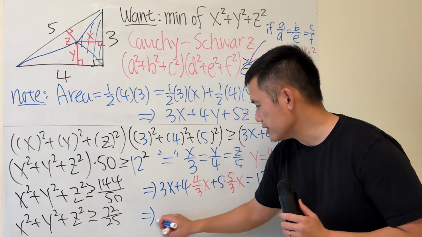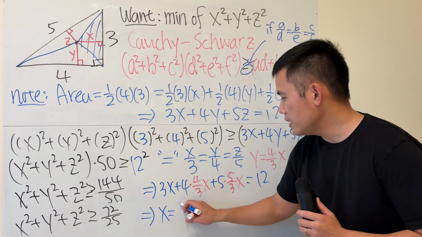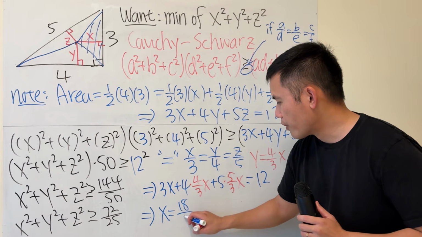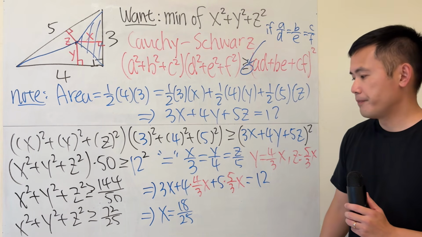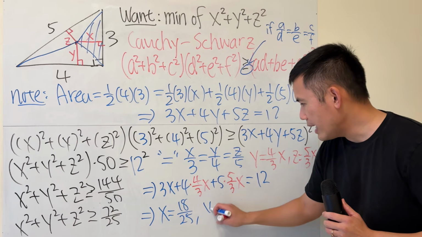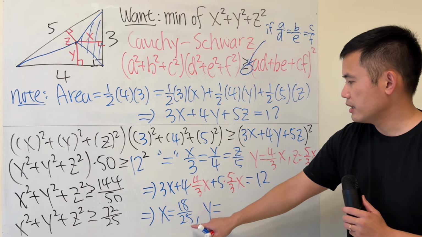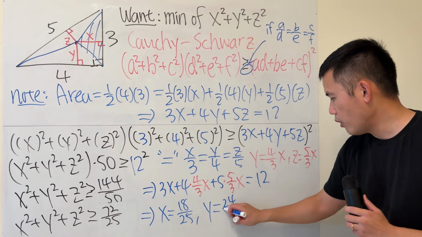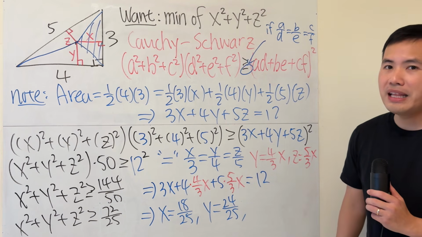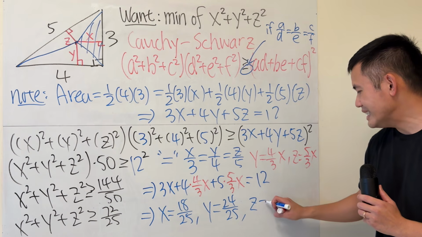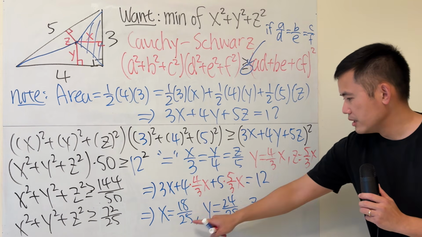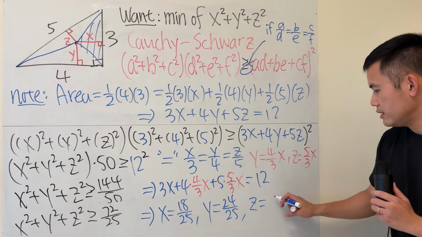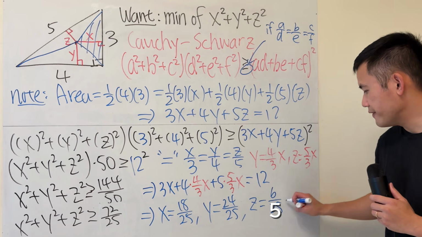I will just tell you guys the answer. X will be 18 over 25. Once we have that, y will be, you put that right in here, and then you will see 24 over 25. And lastly, you will see z is equal to, plugging this into here, z is equal to 6 over 5.